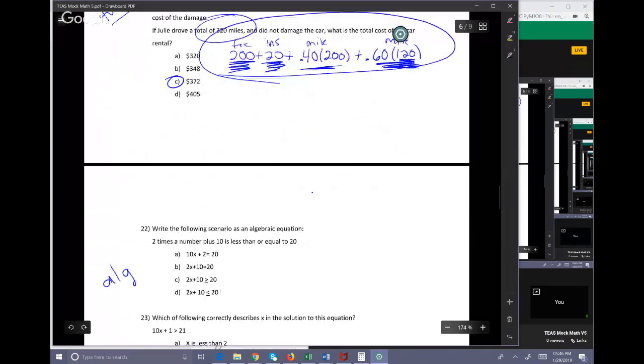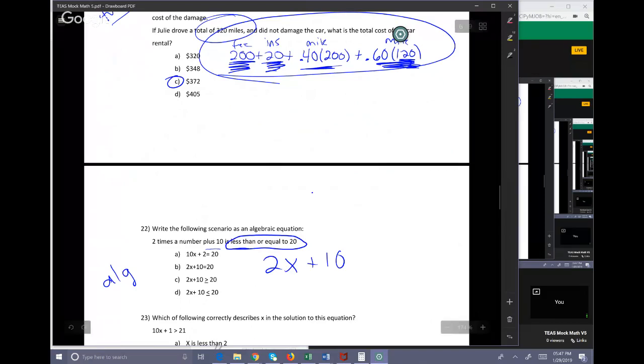22 is from algebra. Which of the following is written in this scenario? So you have to read it carefully. 2 times a number, hopefully by now you're like, yep, 2x plus 10 is less than or equal to 20. That's the part you have to be super careful with, is what does less than and greater than look like. The mouth opens to whatever is greater.